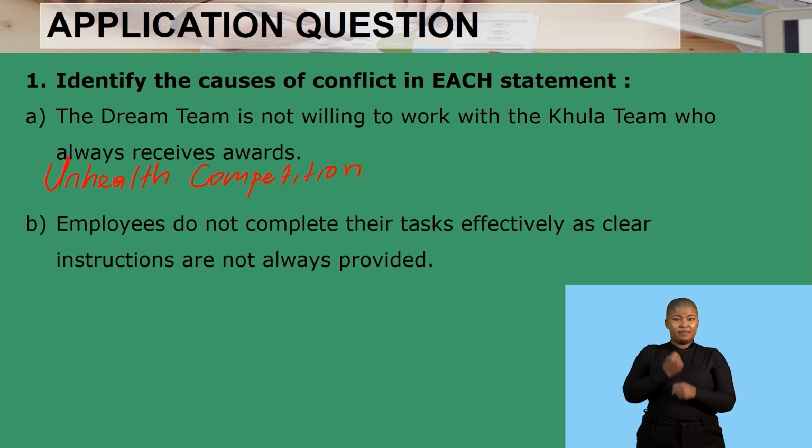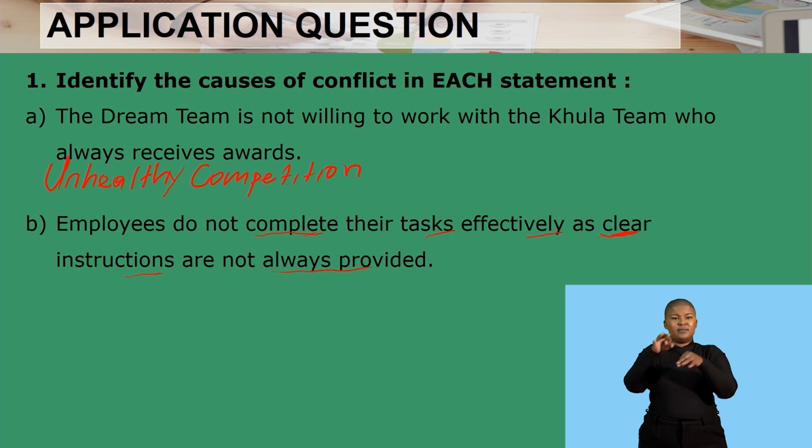Option B says employees do not complete their tasks effectively as clear instructions are not always provided. Remember, we should analyze and check our keywords. Employees cannot complete their tasks because the instructions are not clear.